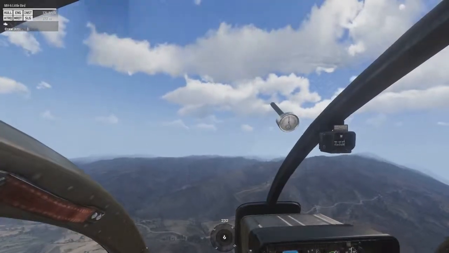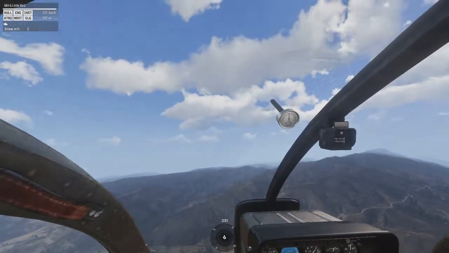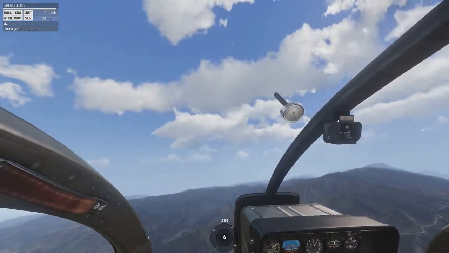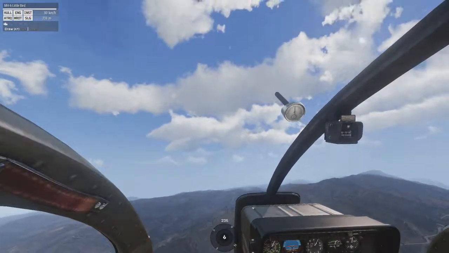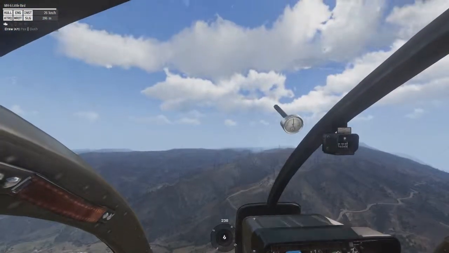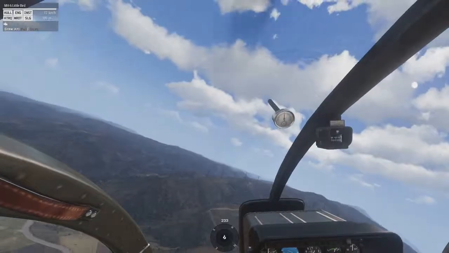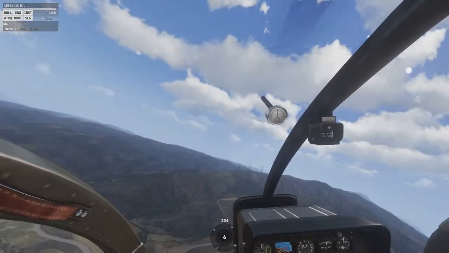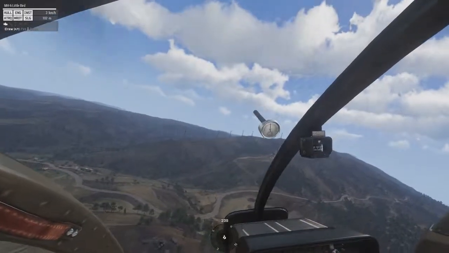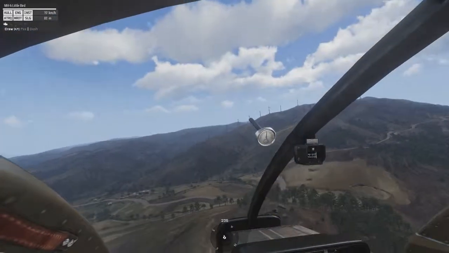Let's just kill the forward speed. So roughly at 25 kph, I'll drift left, and you'll see that I will continue to drift left until I input a correction.